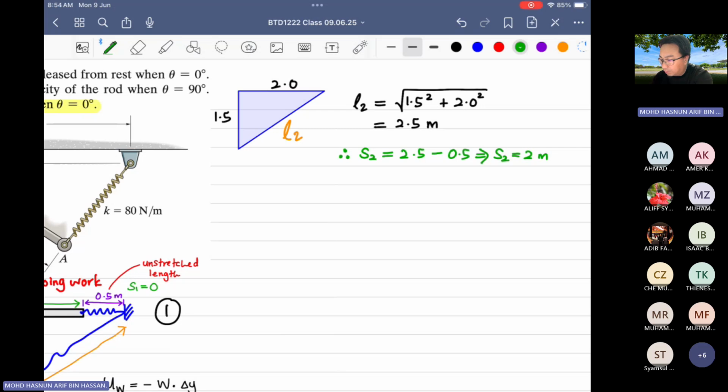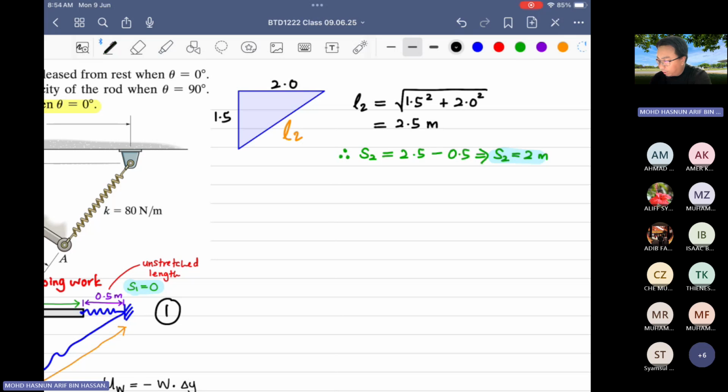This is an important parameter to calculate the work done by the spring. We have S1 and S2: S1 equals 0, S2 equals 2 meter.